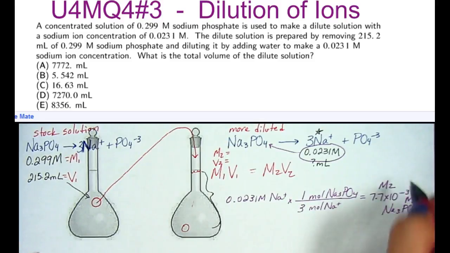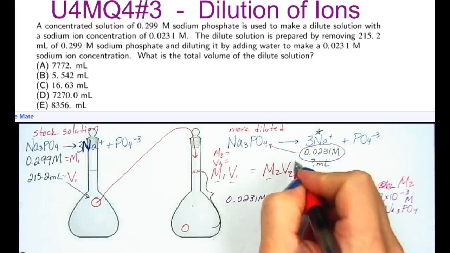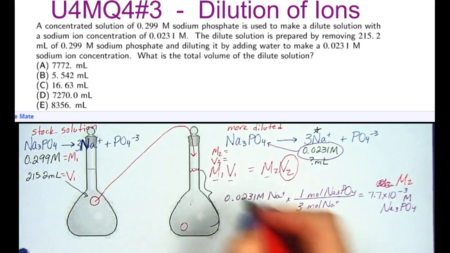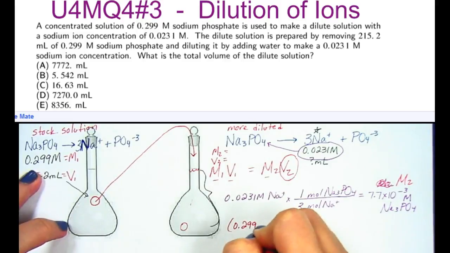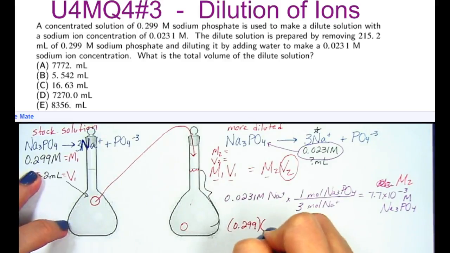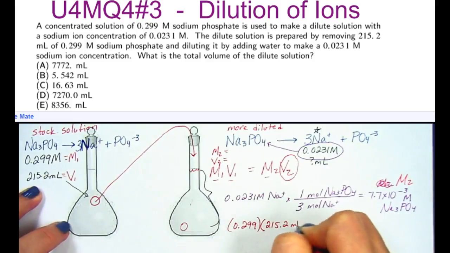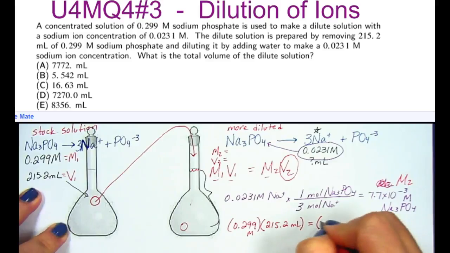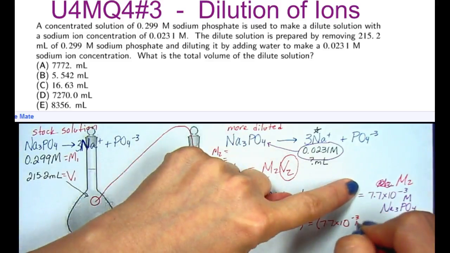And now that I have my M2 here, I can insert everything that I have into this equation and I can solve for the new total volume. So my M1 is 0.299 times V1, which is 215.2 milliliters, and my M2 is 7.7 times 10 to the negative 3 molar.